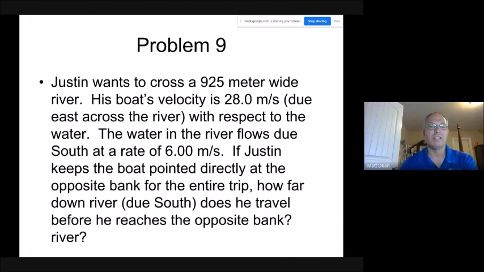So notice this looks like the same problem. But this says, how far down the river due south does he travel before he reaches the opposite bank? As he's crossing, the river itself is pushing him south at this speed. So if we want to know how far south he goes, we can use delta y equals vt.